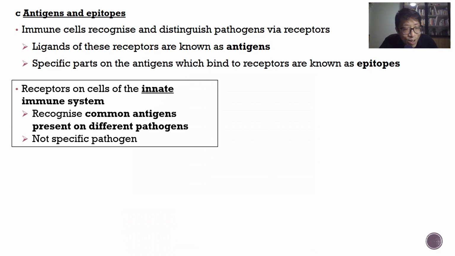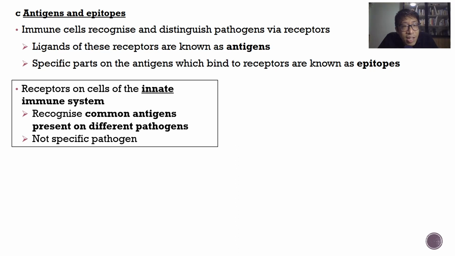A bit more, sorry. For the innate immune system, the immune cells have receptors that are not so specific. That's why the innate immune system is called the non-specific immune system.